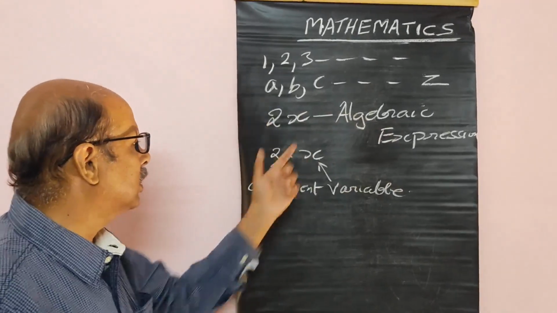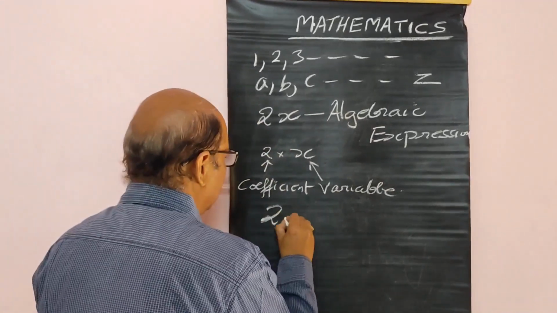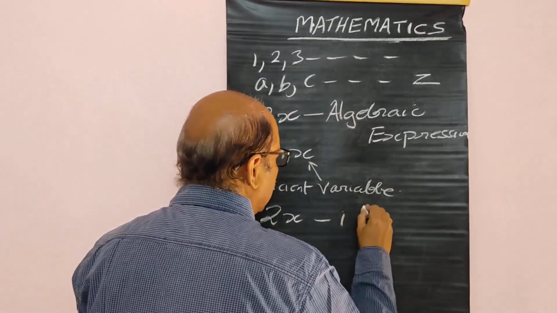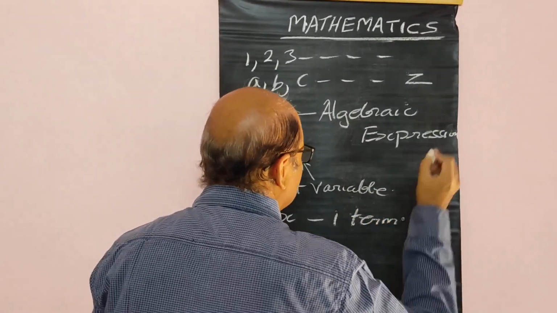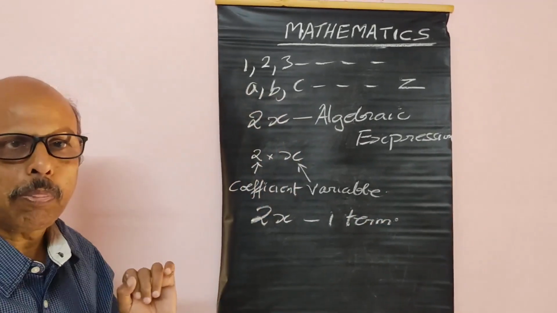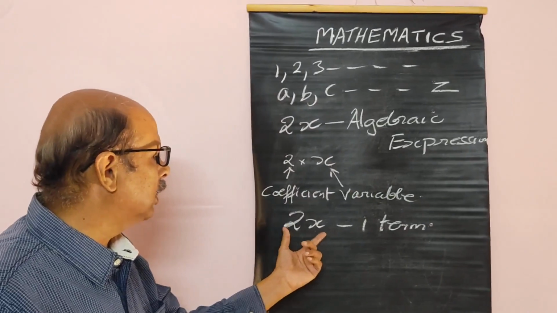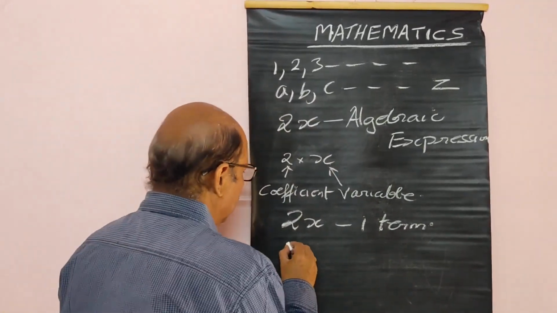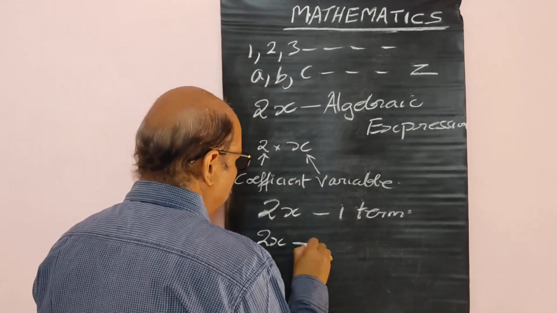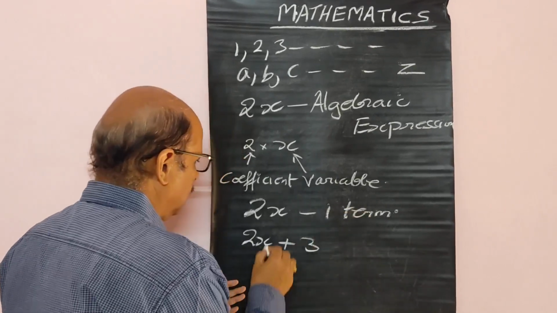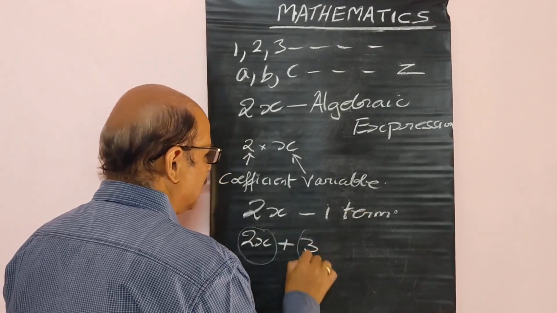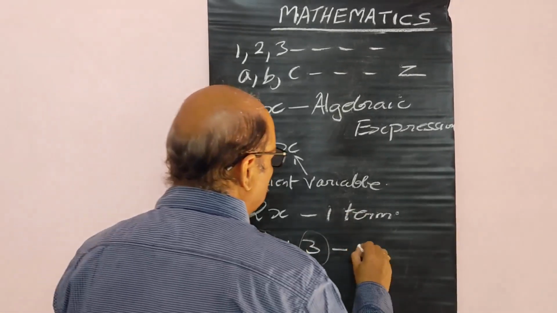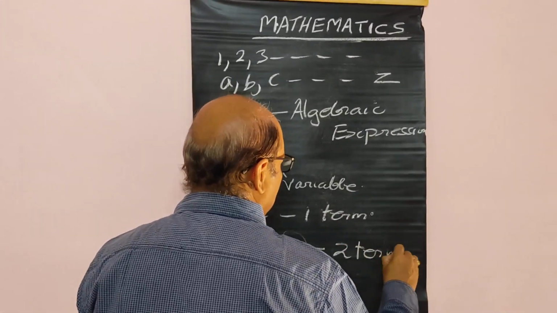So 2x is a single term. It is called one term. Understood? If in addition to this I use 2x plus 3, then this is one term, this is the second term, so it has two terms.